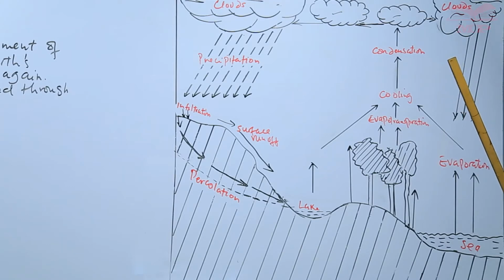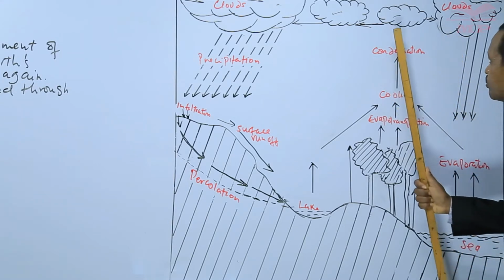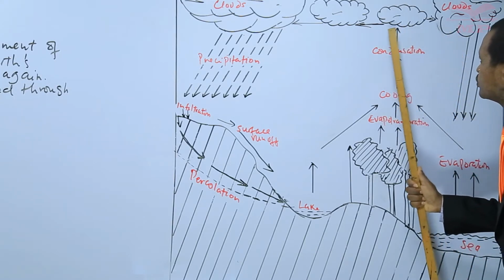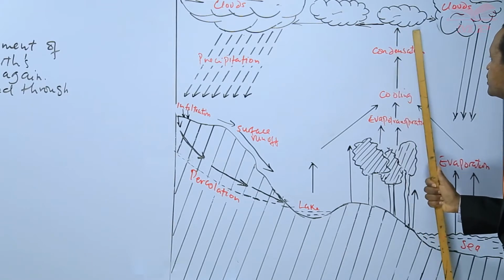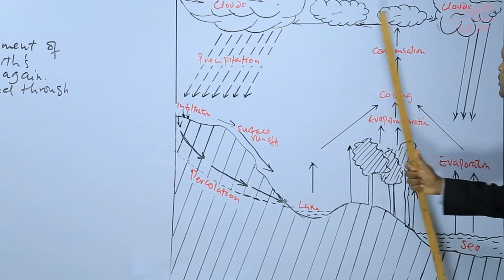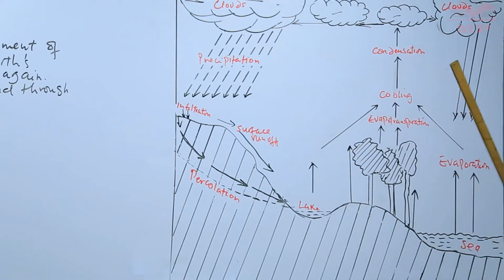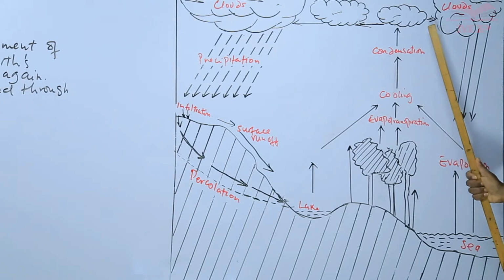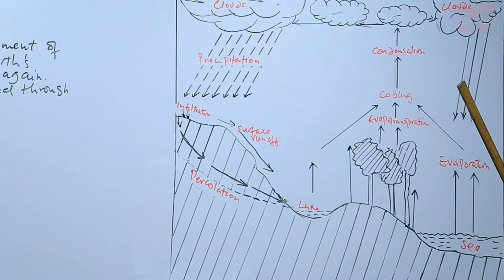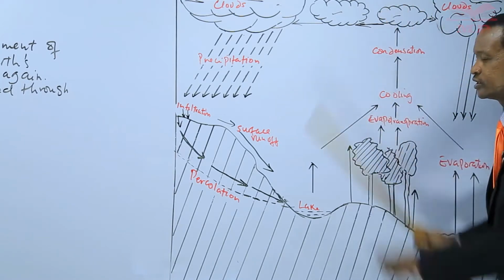As it continues to cool below dew point, the vapor turns into tiny water droplets, and these droplets gather together to form what we call clouds. After condensation, then we have the clouds. The droplets join together in large quantities to form clouds.